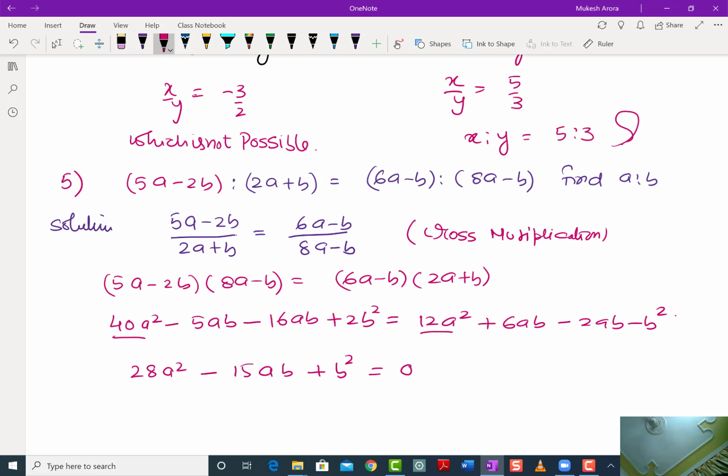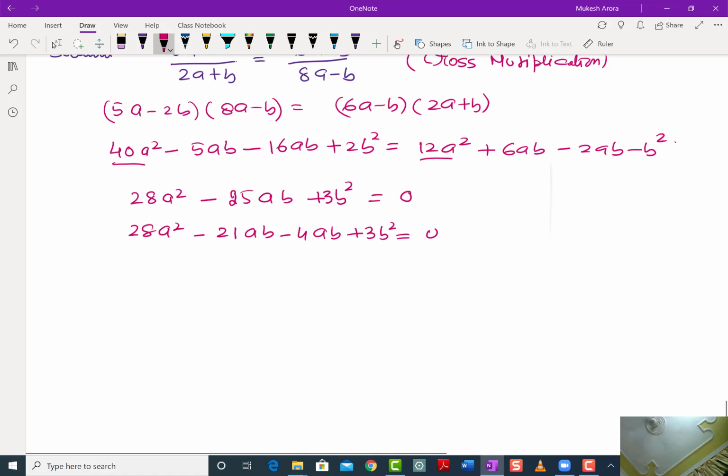So now we have to find the numbers where we multiply, we get 84, and we add and subtract, we get 25. 84, 25, so 21 and 4. 28a square minus 21ab minus 4ab plus 3b square is equal to 0.